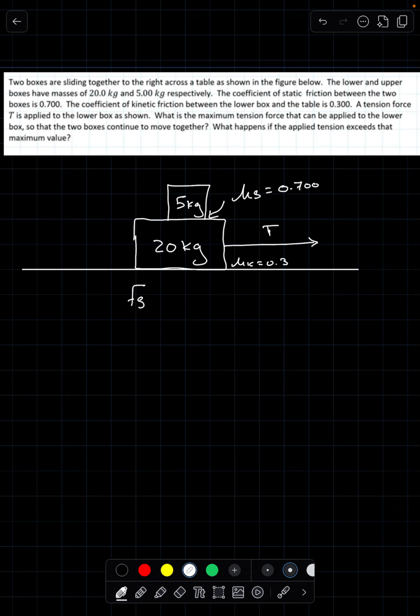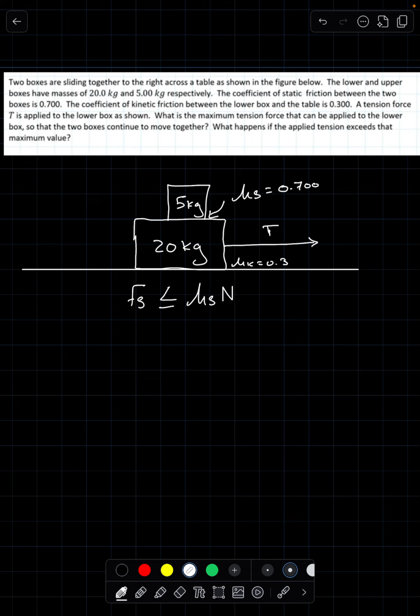Static friction is written like this: mu s times the normal force, right? So static friction is smaller than or equal to mu s, the coefficient of static friction, times the normal force, which means that when they're equal, that's going to be the maximum T that can be applied, or else it will slip off.